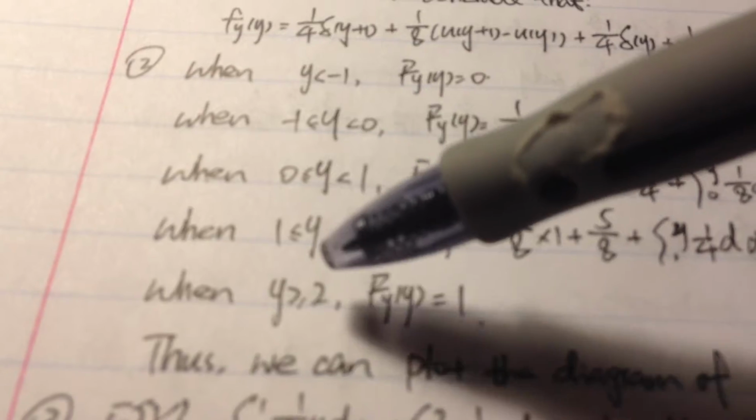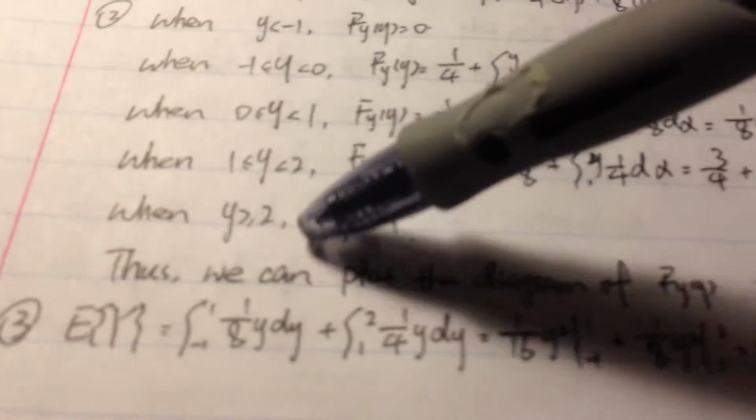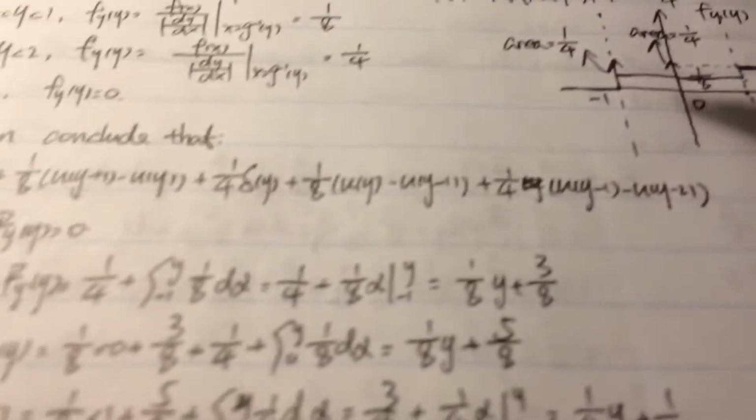And when y is greater than 2, of course the distribution function equals 1, so that we can plot the diagram of the distribution function of Fy.